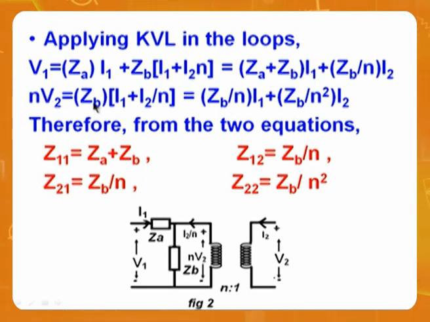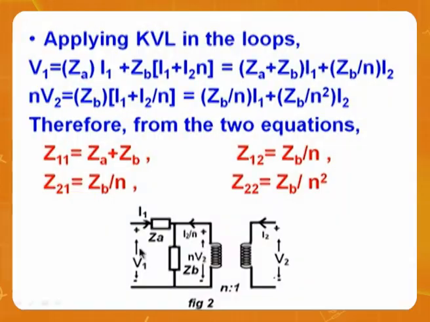N into V2 is equal to ZB into this, and separate them. So in the place of Z11, I got ZA plus ZB, Z12 is ZB by N, Z21 is ZB by N, Z22 is ZB by N square. This is how, if a transformer is given in the exam, you don't need to worry about it: draw the equivalent, push it off, and take only this portion of the circuit.